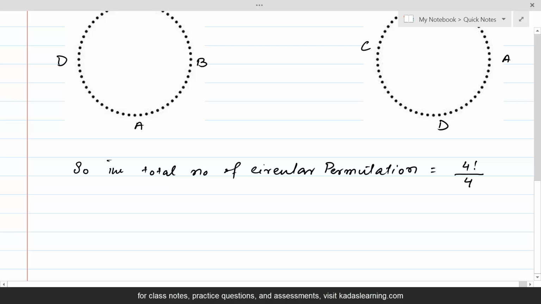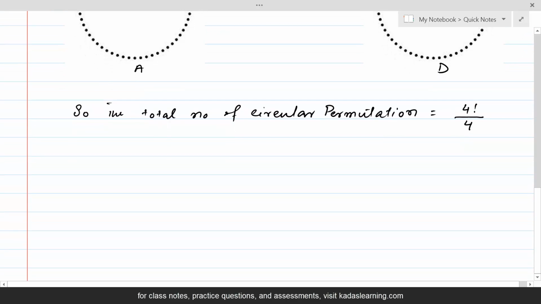Now this divided by 4 means because 4 of the arrangements which we otherwise counted while we were making linear permutations are now considered as one permutation. That's why we divided it by 4, because 4 arrangements in fact make one permutation.